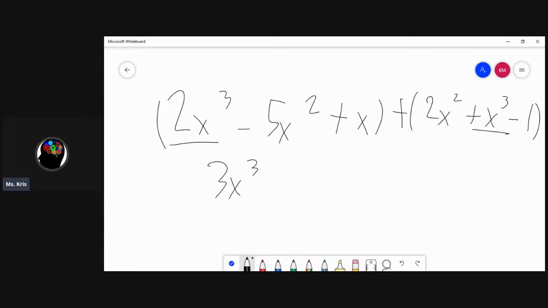I have a minus 5x squared and a plus 2x squared. Minus 5x squared plus 2x squared gives me a minus 3x squared. Those are like terms.